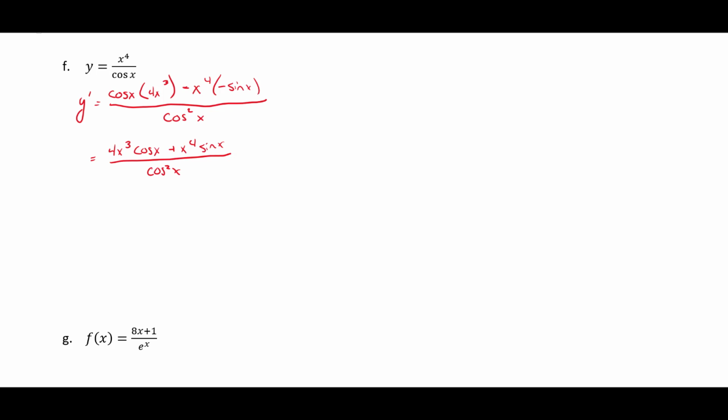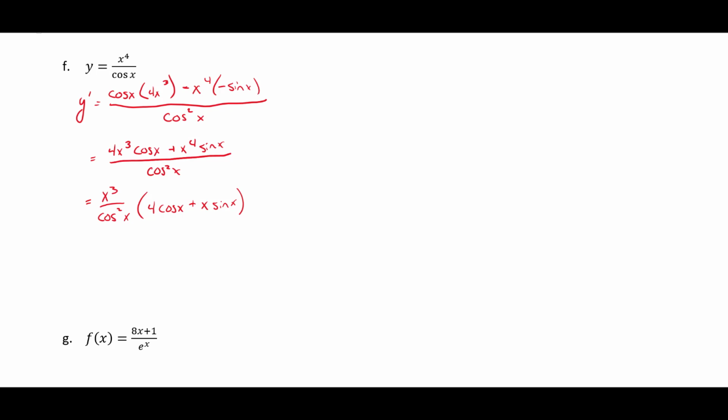If we split this up, at the very minimum, we can factor out an x³ over cosine² x, and that leaves us with 4 cosine x plus x sine x, right? Now, would we want to do this, though? Does that really make it any cleaner? Probably not, so I probably wouldn't simplify it this way.